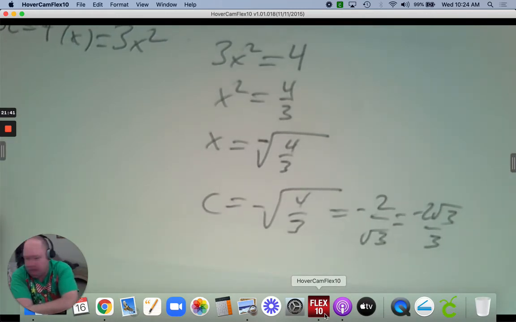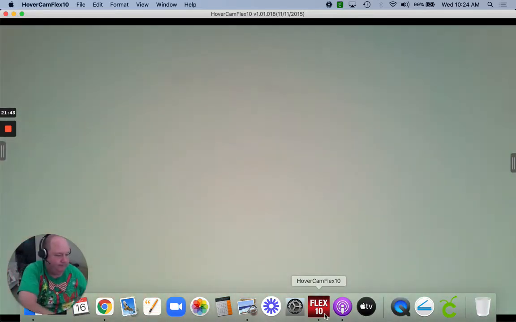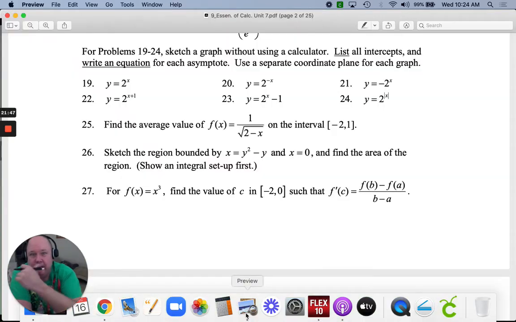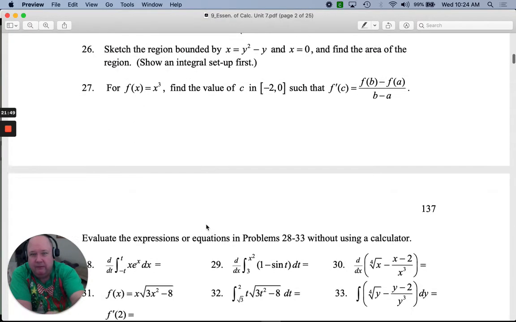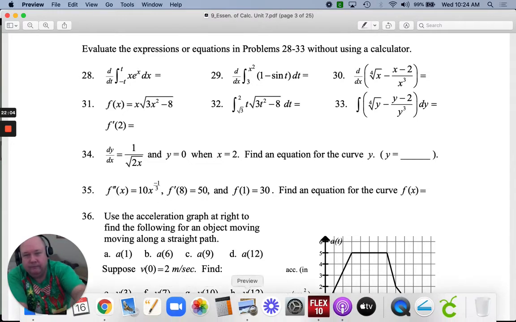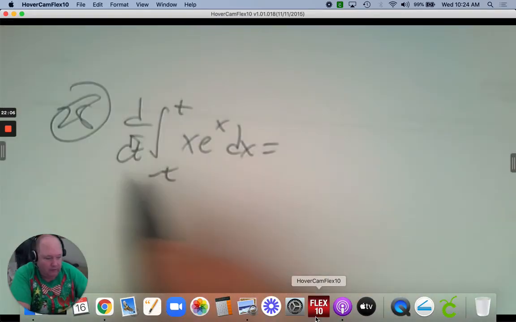All right, number 28. In number 28, let me scroll up here. Integration question. So number 28 is the fundamental theorem of calculus, the sequel. So it's just a substitution question, but remember the hook on of it. So derivative undoes it.